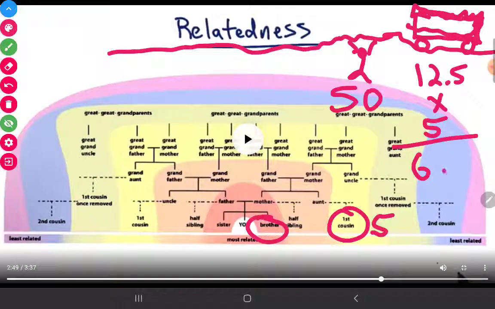That makes 6.25. So at that point, according to the selfish gene, I would be more likely to help my 5 cousins and save them from the van with a heavy heart, right?